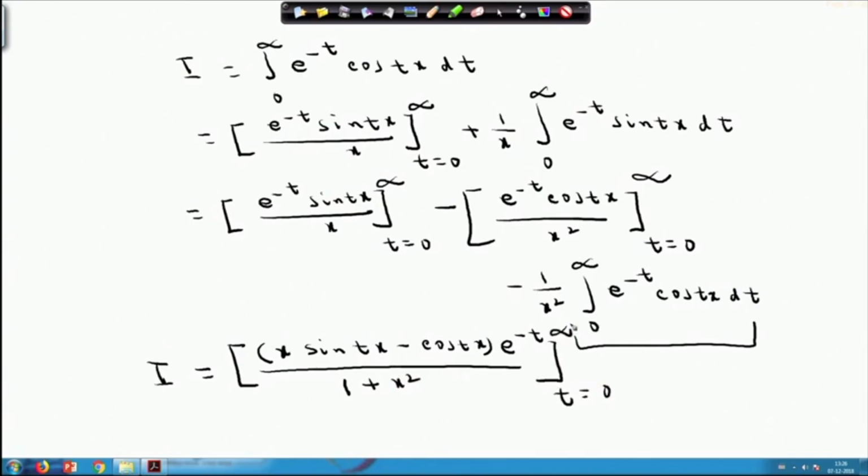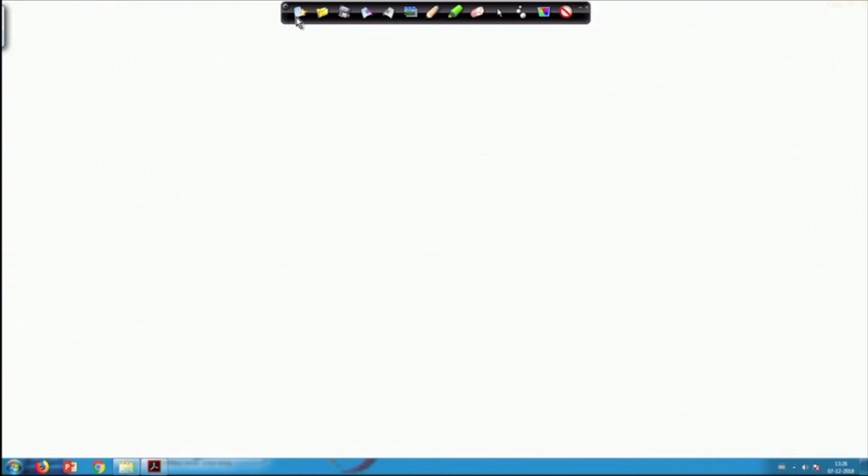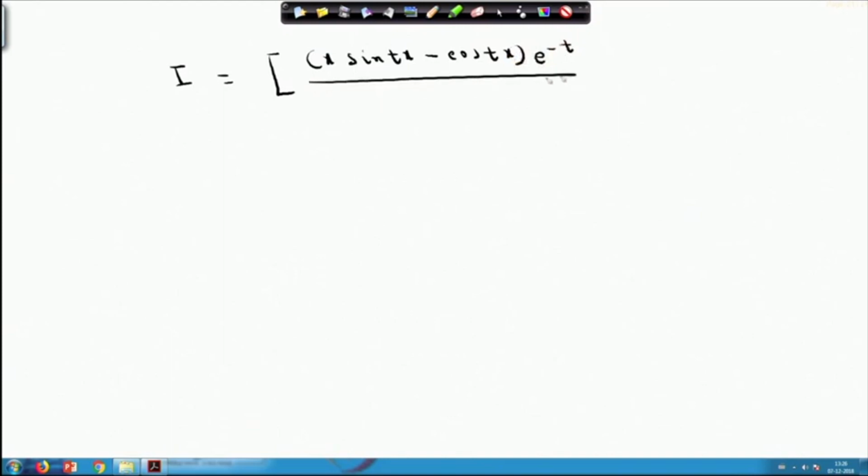So, once I am getting this, your I is this one. Let me rewrite this, it would be better. I equals x sin t x minus cos t x into e power minus t divided by 1 plus x square, t lies between 0 to infinity.